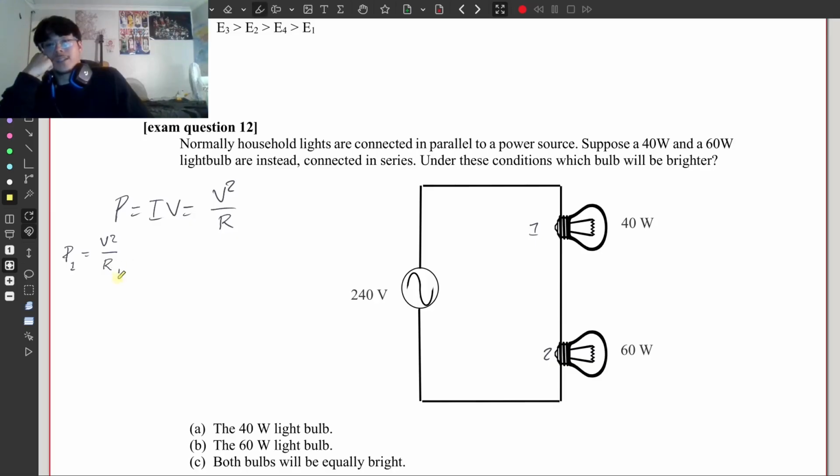We can rearrange for R here by imagining the triangle, so this is our V squared, this is our P1, R1. So therefore our R1 is going to be equal to V squared on P1, which is going to be equal to 240 squared over 40 watts.